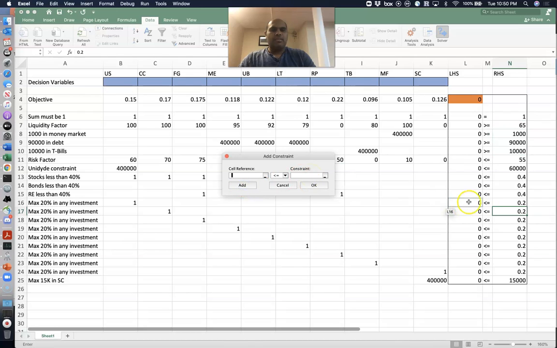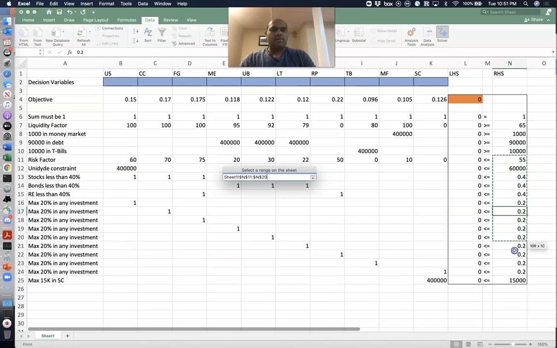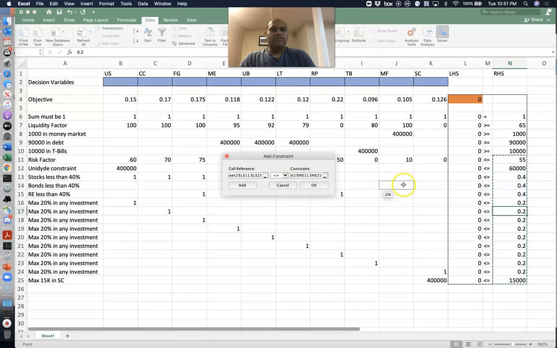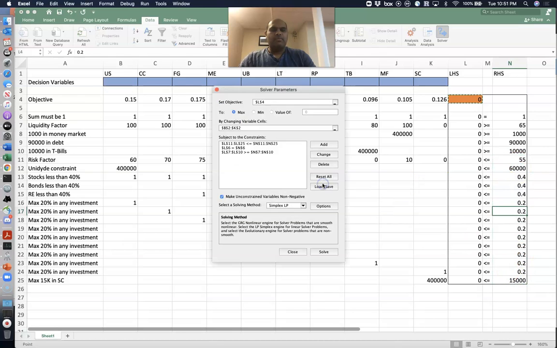The less than or equal to constraints next: the left hand sides have to be less than or equal to the right hand side values. So L11 to L25 less than or equal to N11 to N25. Now with this we are done, so we can click on solve.